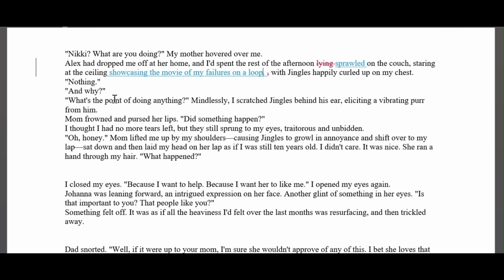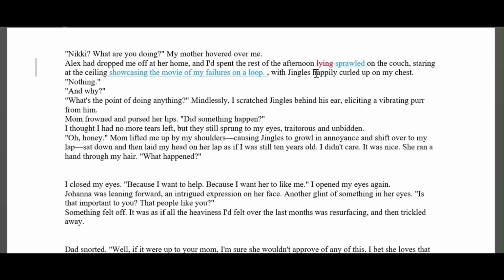So this gives us a much clearer image of her state of mind. So she's not just lying and staring up at the ceiling, which could also mean she's just tired or bored. But this really connotes more of a depressed state, where she's just sprawled on the couch and looking at all her failures, like she's contemplating this, and it gives us a clearer image.